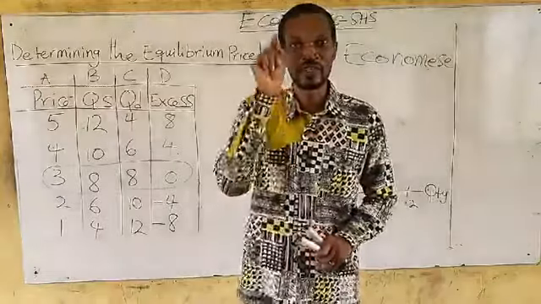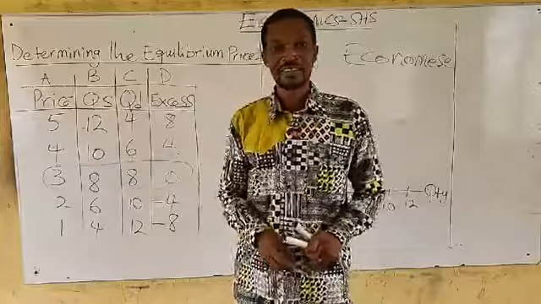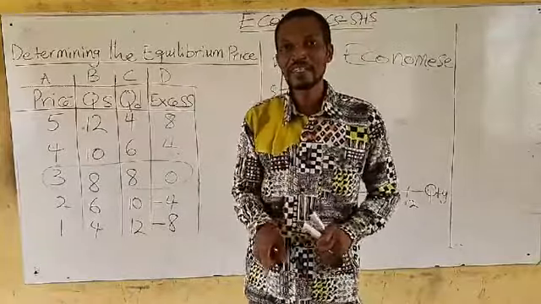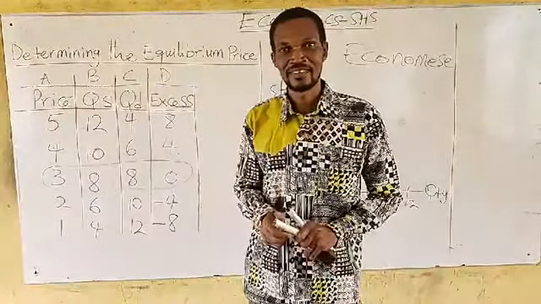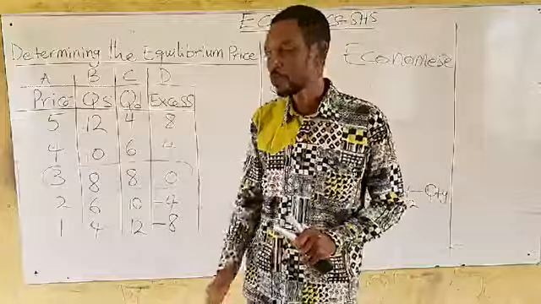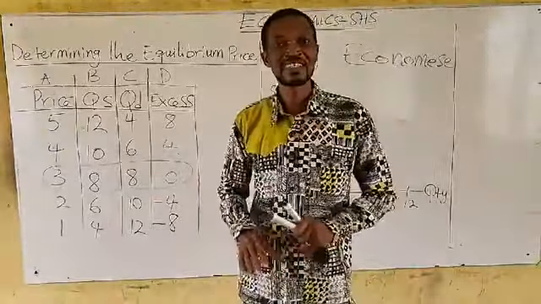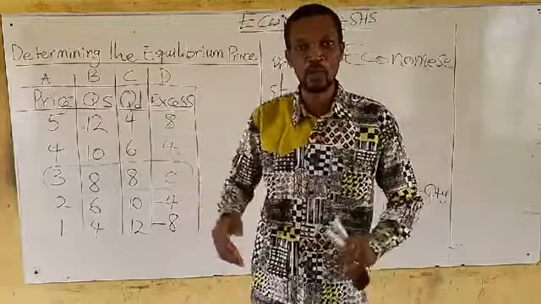So the equilibrium price is 3. Then another question. What is the equilibrium quantity? Your answer should be 8. That is the quantity at which both the buyer and the seller have agreed to trade the commodity.